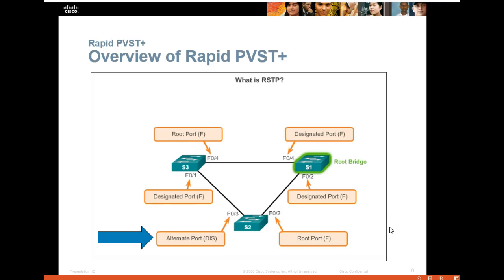Now, this next section is a look at rapid PVST. Again, this is a Cisco proprietary one.